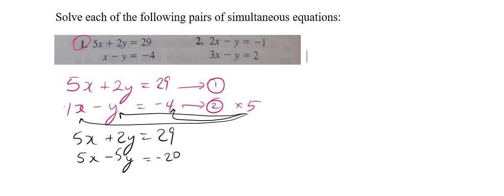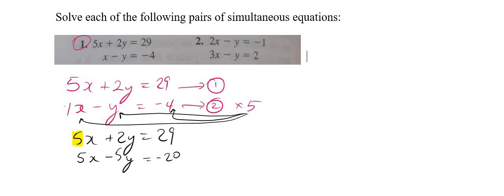Now notice that we have the same size in terms of the x's, right? So what do we do? We can decide whether we're going to subtract both equations or add both equations. Let's look at the numbers before the x's, because the x's are what we want to eliminate.